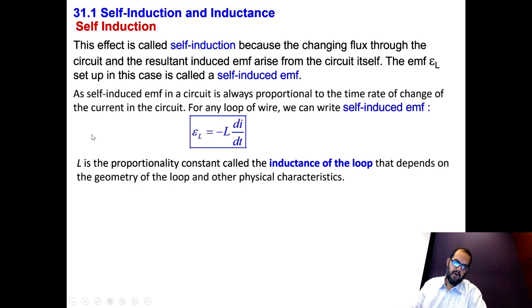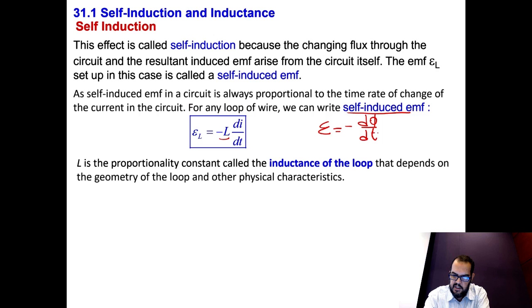So the self-induced EMF in a circuit is always proportional to the time rate of change of the current in the circuit. So we can write that for the self-induced EMF, E subscript L is equal to minus L, this proportionality that is called inductance, times di/dt, which is the derivative. Remember, before we had the induced EMF is minus d phi/dt.